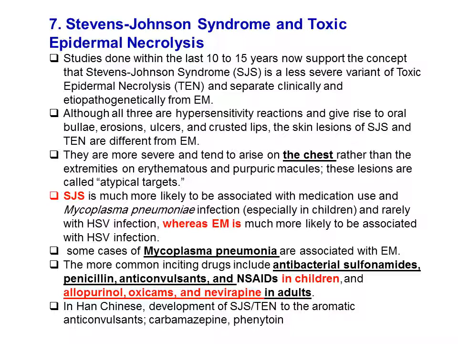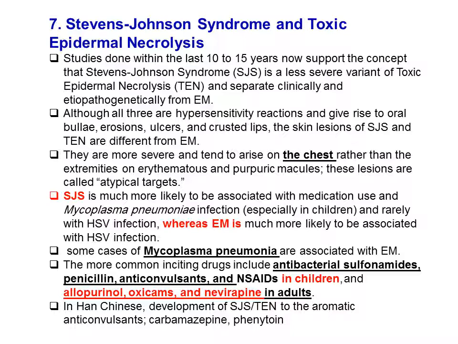The more common associated drugs include antibacterial sulfonamides, penicillin, anticonvulsants, and non-steroidal anti-inflammatory medication in children, and allopurinol, oxicam, and nevirapine in adults.